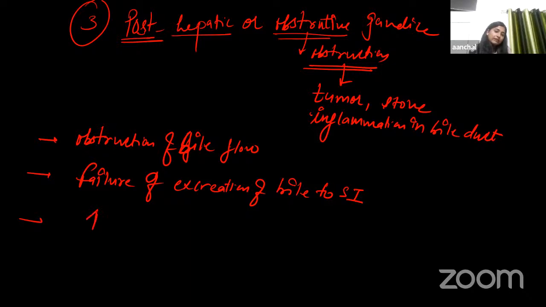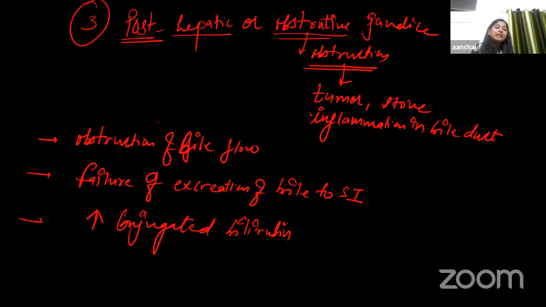So in this case, there will be elevation in the conjugated bilirubin. And in this case also, the liver function test can be mildly affected, right? So there will be obstruction to bile flow due to presence of tumor, stone, or inflammation in bile duct, and there will be failure of excretion of bile to small intestine. That's why there will be accumulation of bilirubin inside the blood, and there will be increase in the conjugated bilirubin.